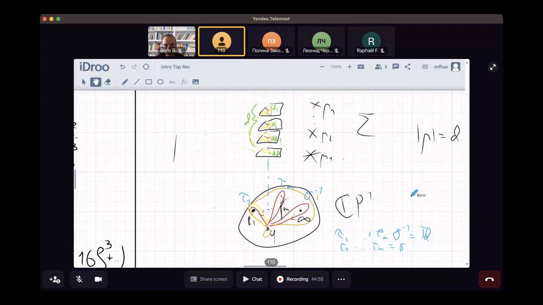Is it clear what I'm saying? You remember this, right? Last time we discussed that when we go around one simple ramification point, this corresponds to a transposition on the sheets.